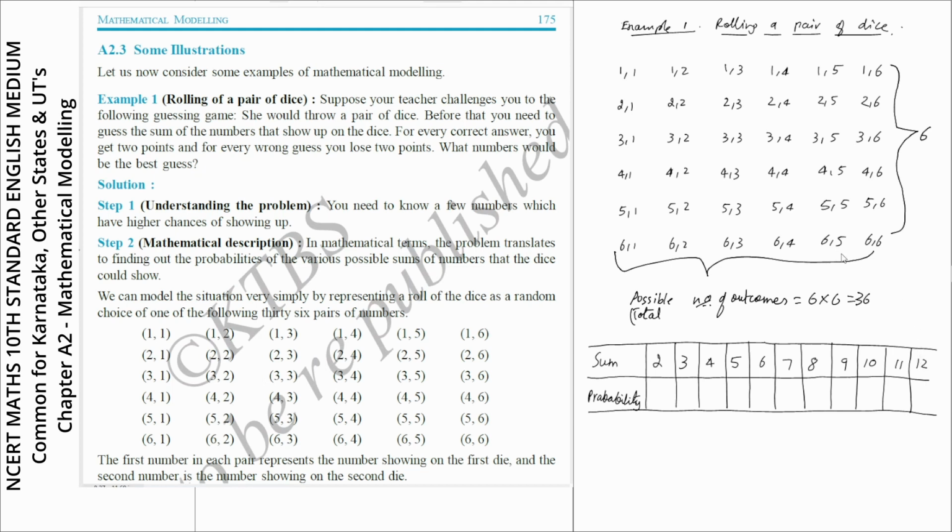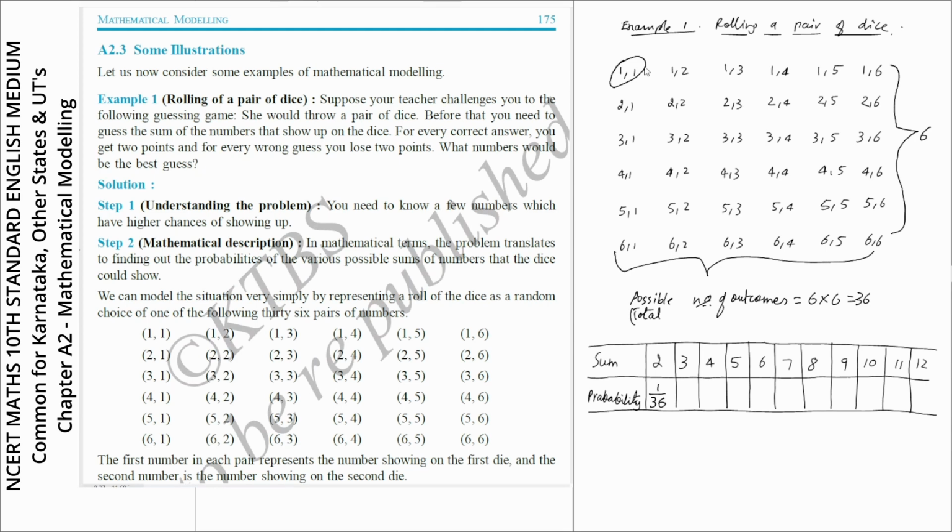Now, out of these 36 outcomes, in how many outcomes do we get 2? Only one. Here you can see 1 comma 1. So only in one outcome we get sum equal to 2. Therefore the probability of getting 2 will be equal to 1 by 36, where 36 is the total number of outcomes.